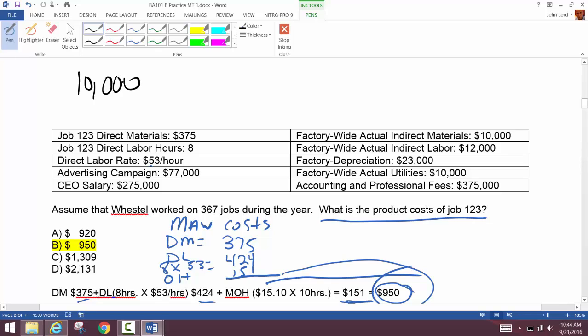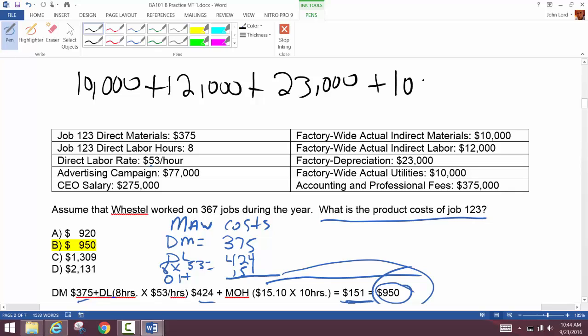How about factory-wide actual indirect labor? Got to pick that up. 12,000. Right? How about the factory depreciation? Is that part of my actual? Got to pick that up. How about factory-wide actual utilities? Got to pick that up. How about the accounting and professional fees?